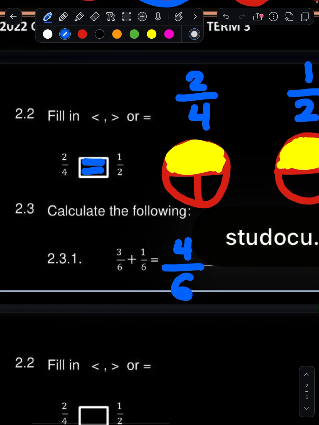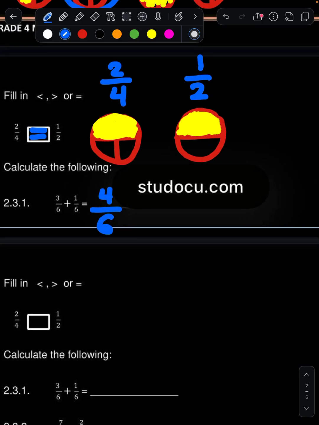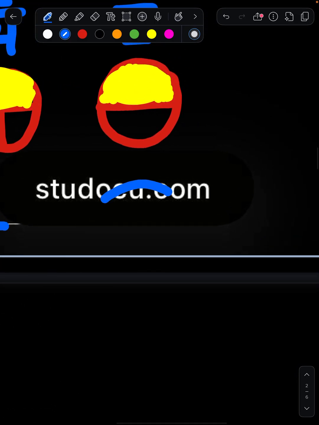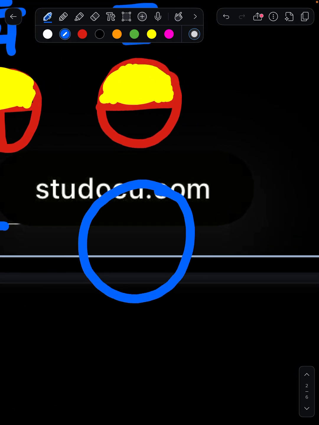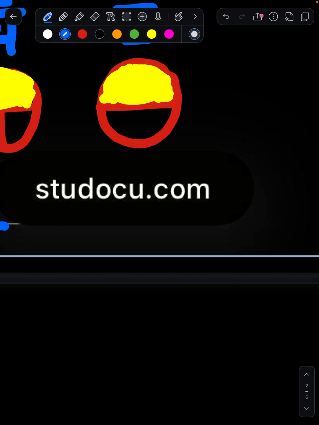So you can always do that. If the bases are the same, if the denominators are the same, you can just add the top and you keep the bottom the same. If it doesn't make sense to you like that, what you would do then is say, I have a cake. It's split into 6. Do it like this, a rectangle cake rather.